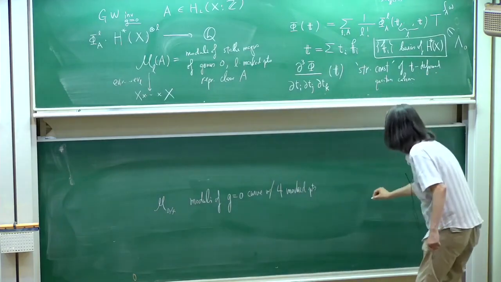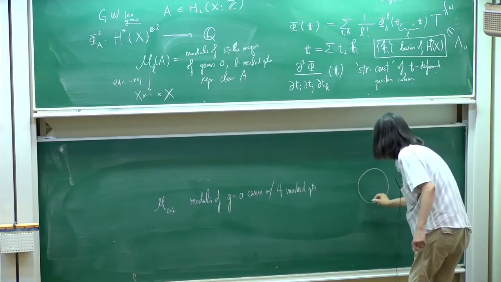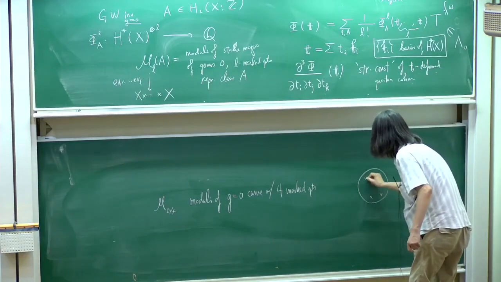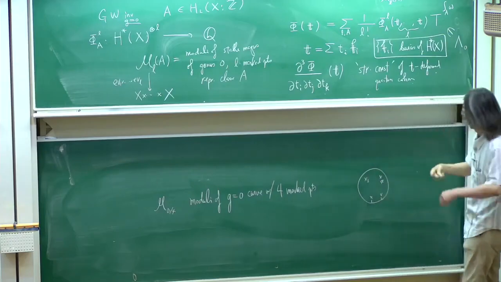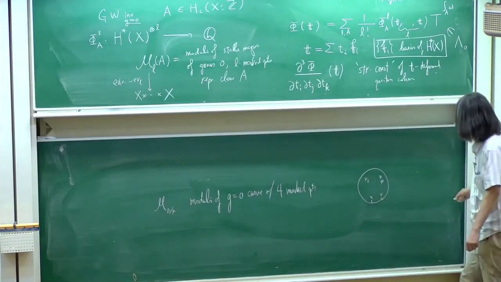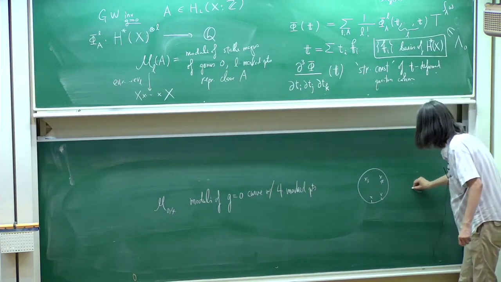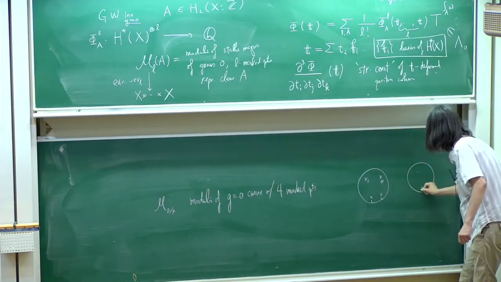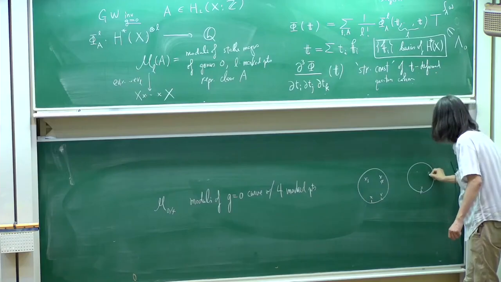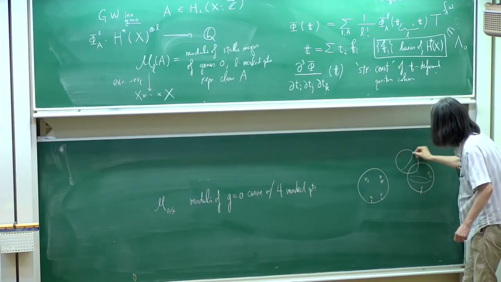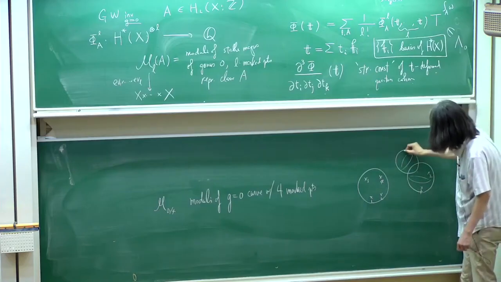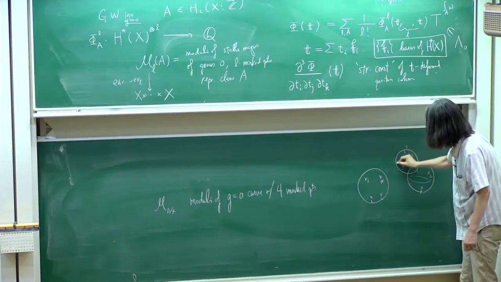So in general we have just 1, 2, 3, 4, like this. But in some cases, I may have, say, 1 here, and then 2 here, and then maybe another component like this. So 2 components. And here I have 3 and 4.